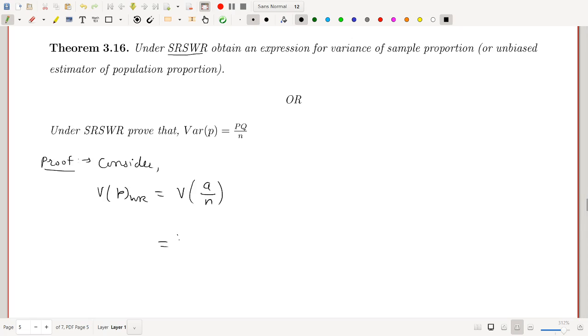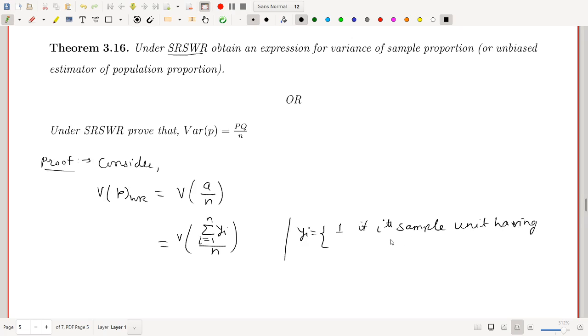Here a is the summation of yi, i running from 1 to small n, where small yi is 1 if the ith sample unit has the required attribute and 0 otherwise. If yi is like this, then summation yi is your small a. So this is the variance of small y bar.